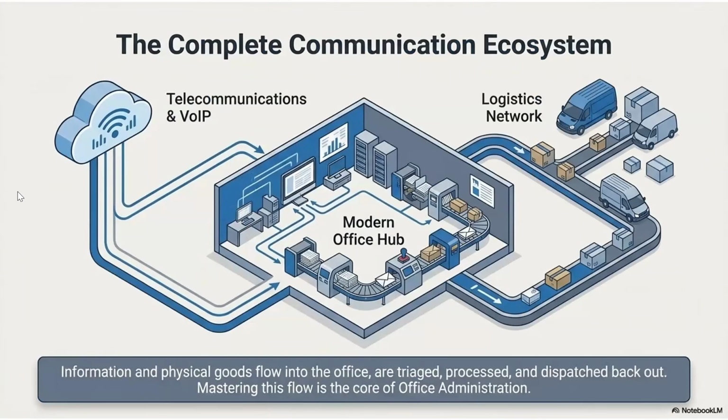Kind of like what the whole communication system looks like. You have the telecommunications with external people, you have the communication happening internally, and you have the external communication with packages and stuff like that.